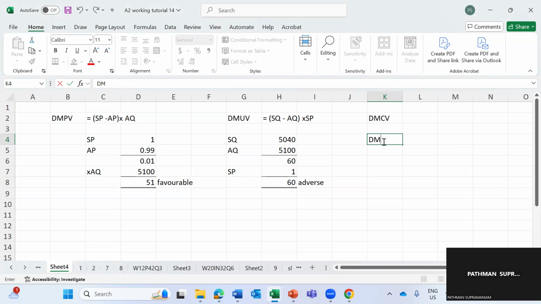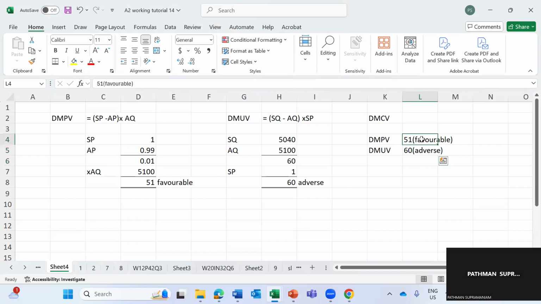Direct material price variance was 51 favorable, whereas the direct material usage variance was 60 adverse. Now, when you combine these two, because you have two, one is favorable, one's adverse, just like debit and credit. So when it's different, as in one favorable, one adverse, you need to minus.